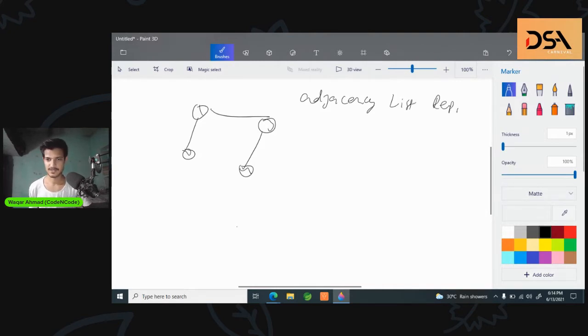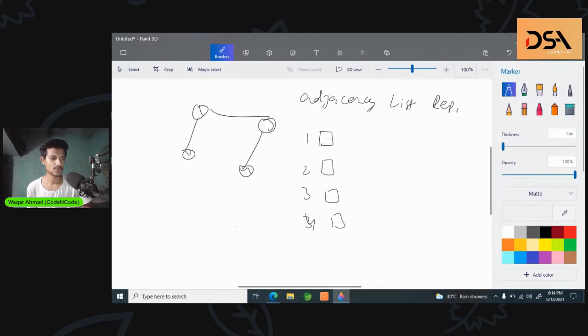Okay, so see here, for each node what we are going to do, we are going to have a flexible list. For node 1 I will have a list, for node 2 I'll have a list, and for node 3 I'll have a list, for node 4 I'll have a list.